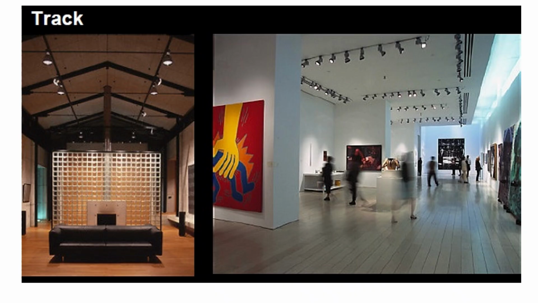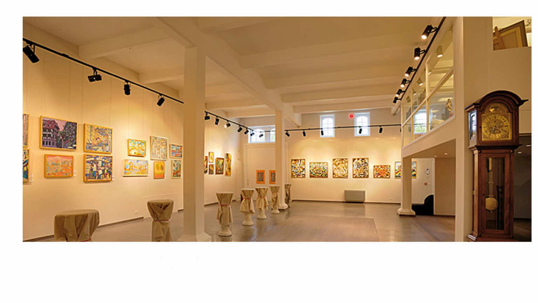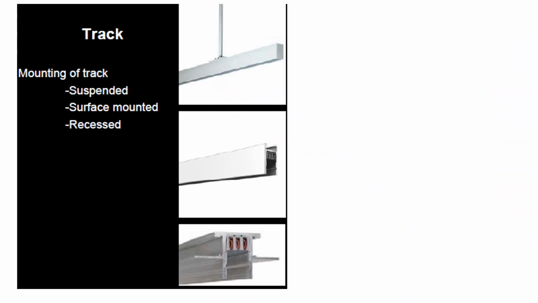Friends, this is another track lighting system shown here, and they are directing light to the various types of exhibits which are vertical in this direction. The track lighting can be mounted, suspended like this, surface mounted directly on the wall, or recessed above the false ceiling.